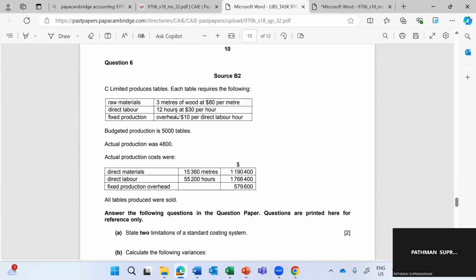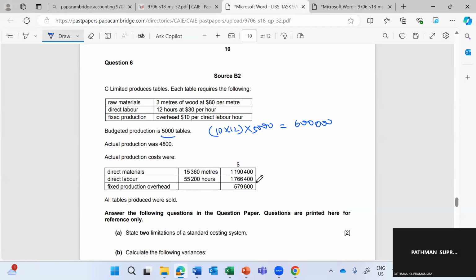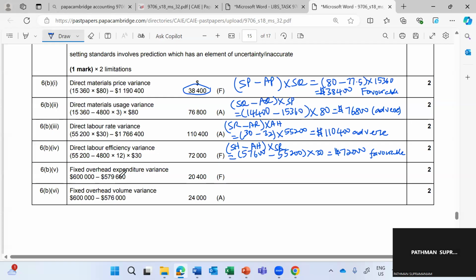So it is 10 times 12, which gives us the budgeted fixed overhead cost per unit, times budgeted units, 5,000. Okay, so 120 into 5,000 will give us 600,000. So that's how we got 600,000 here. Whereas the actual fixed overheads is already given by the question, so we just copy it down. Now, since the actual is lesser than the budgeted, we save 20,400, hence it is favorable.